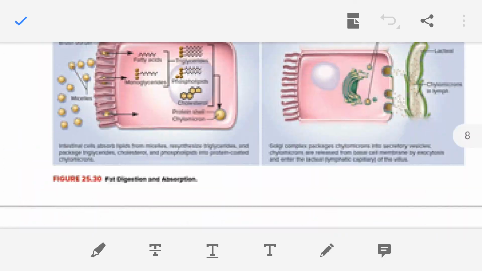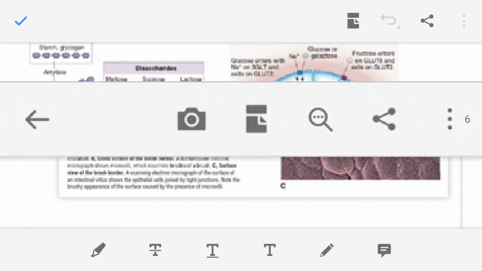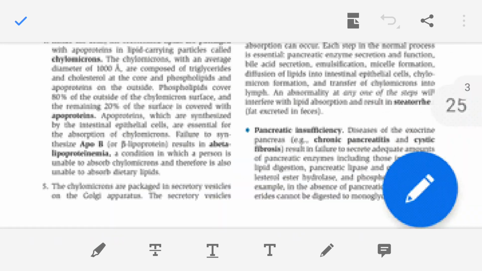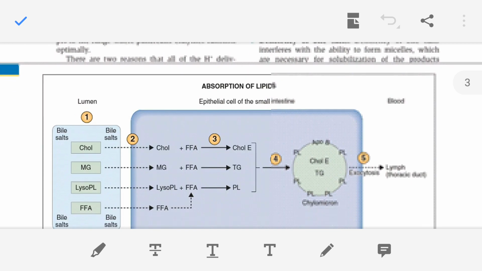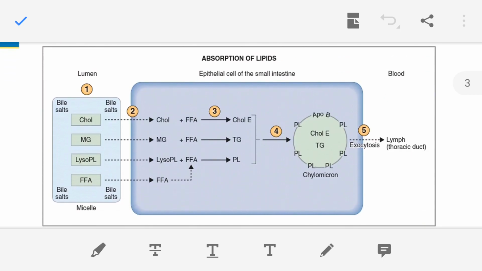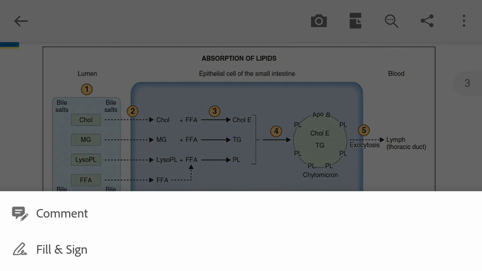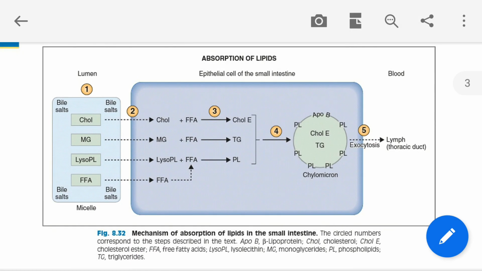What is happening? I'm showing you in the figure. This is also a very nice figure. Now you see what is happening in this figure.